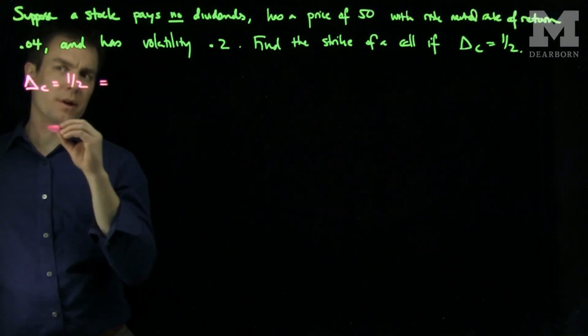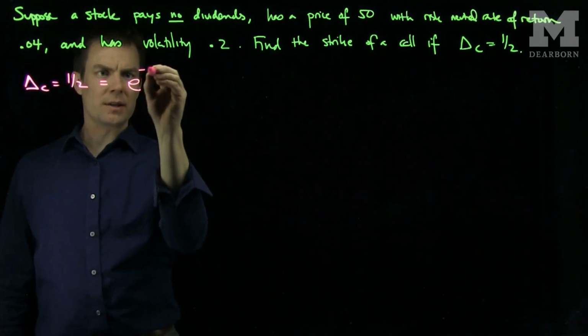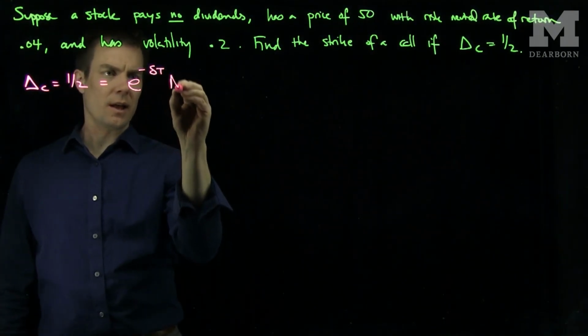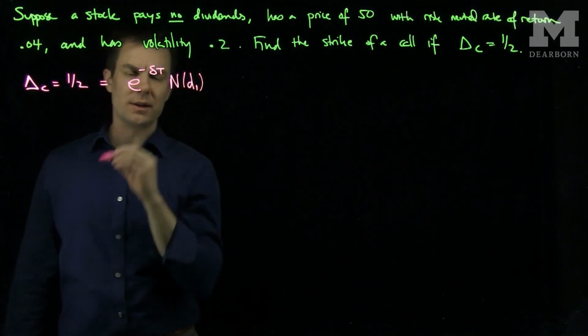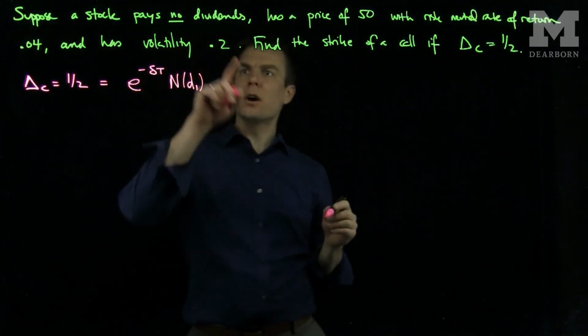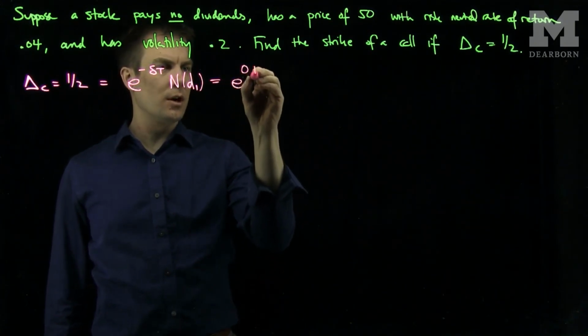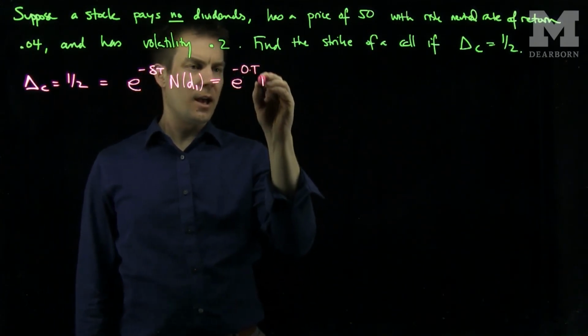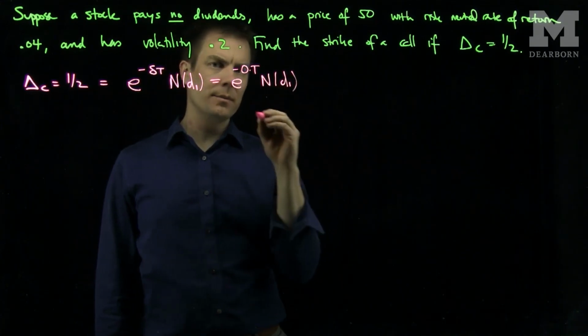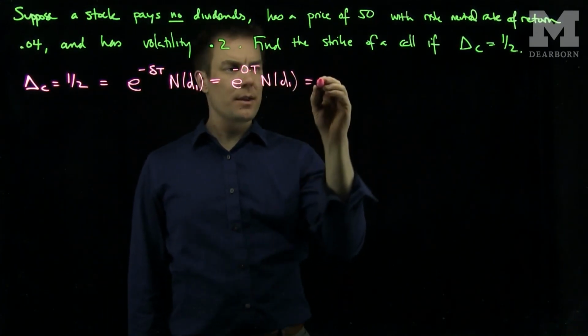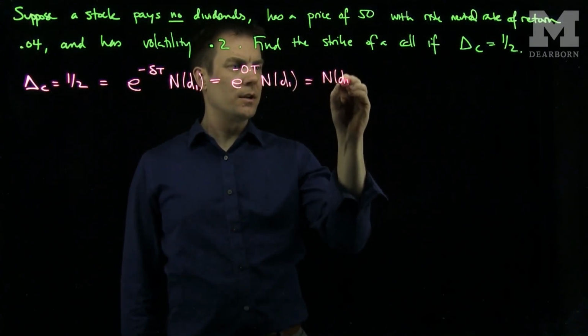We also know the delta of a call is e to the negative delta t times N of d1. And since there are no dividends, our delta is 0, so this becomes e to the 0 times N of d1, and then this is just N of d1.